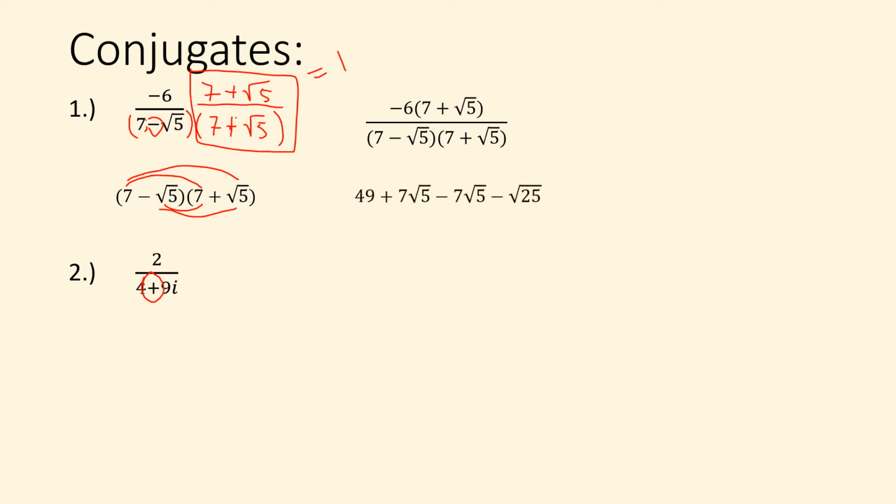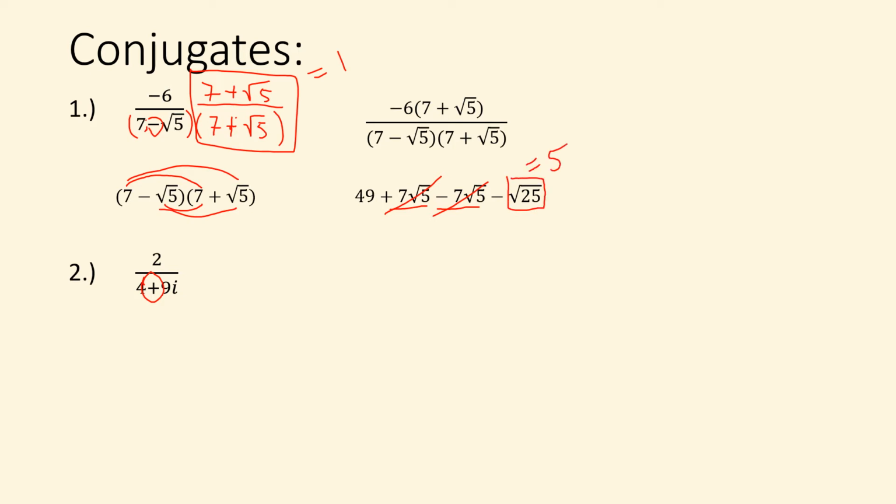Okay, so let's see what happens. We have first, which is 49. Now the outside and the inside. Outside 7 radical 5, inside negative 7 radical 5. These always cross each other out when we have conjugates. It's a difference of 2 squares problem. Then the last one, minus radical 25, and radical 25 is always a perfect square.